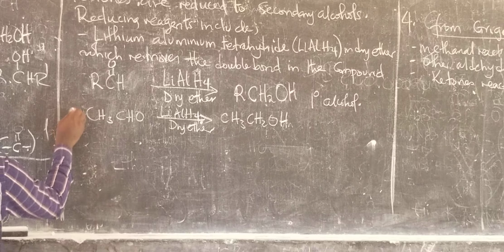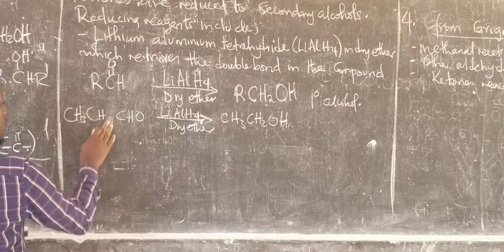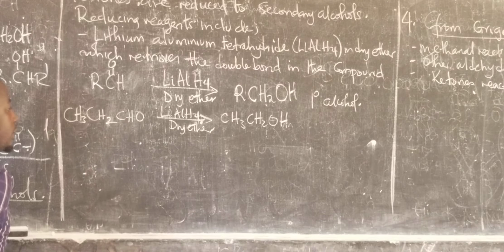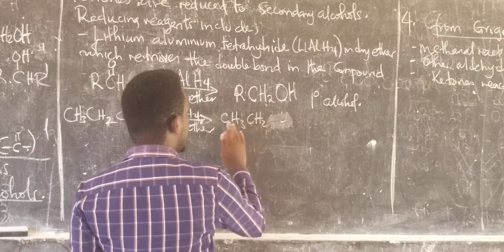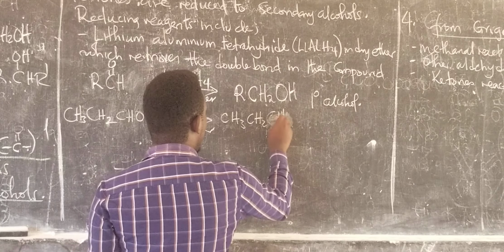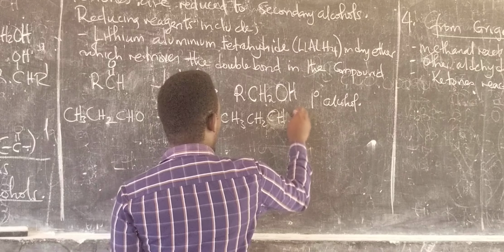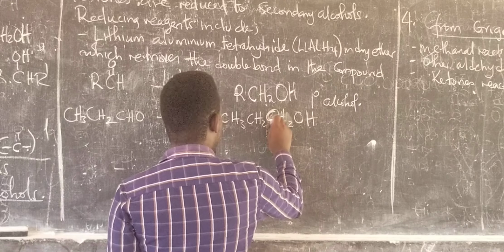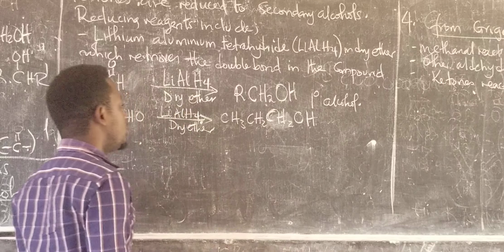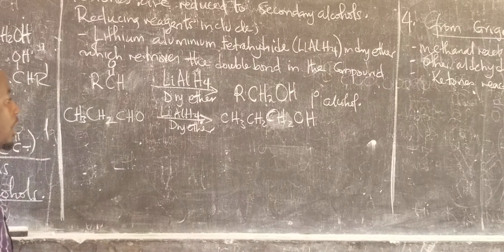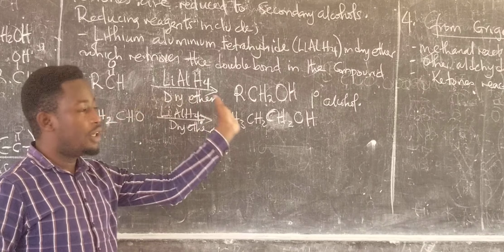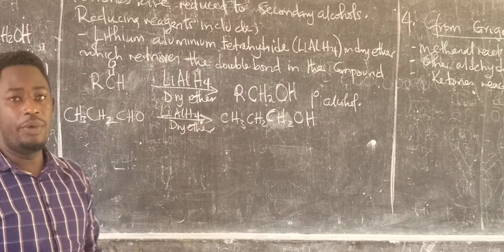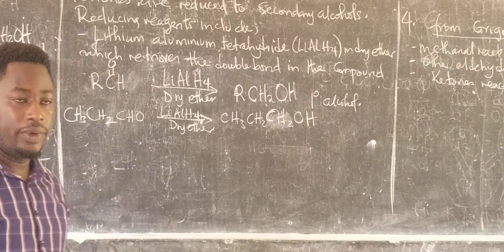If it was CH3CH2CHO, then this one will still be CH3CH2CH2OH. So even the number of carbon atoms does not change. We are just changing the functional group from an aldehyde to an alcohol. This is a reduction reaction, right?